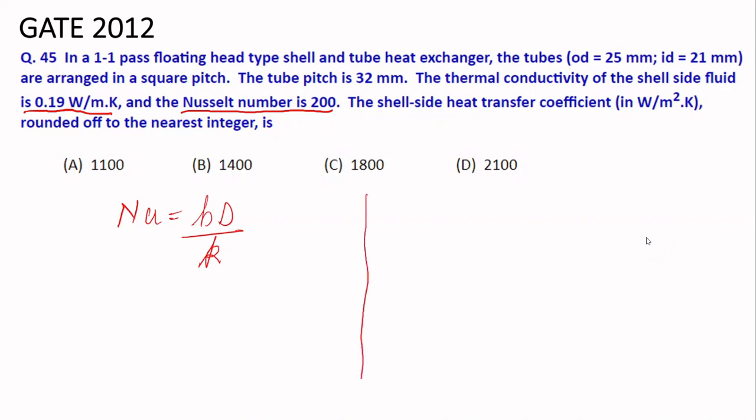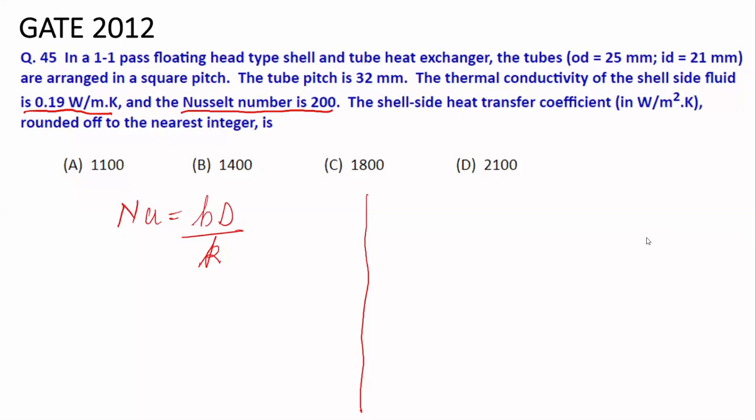So the value of D over here is the hydraulic diameter, as I had said in the last class. For the case of shell side HTC, we use the hydraulic diameter for both Nusselt number and Reynolds number, and this hydraulic diameter DH has to be calculated, in this case, for the tube pitch.